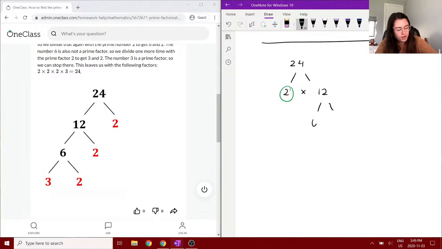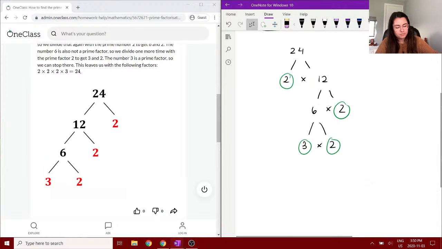So you have 6 times 2, where 2, as we already said, is also a prime factor. But 6 can be divided further into 3 times 2, and that's the final form because 3 isn't divisible by anything but 1 and itself, and 2 is the same again.